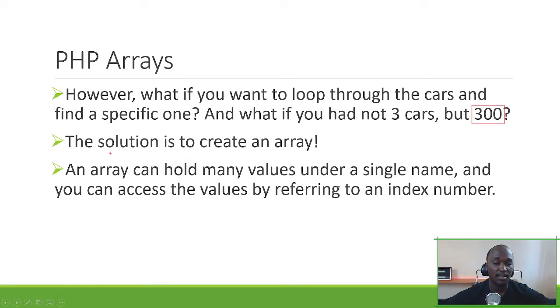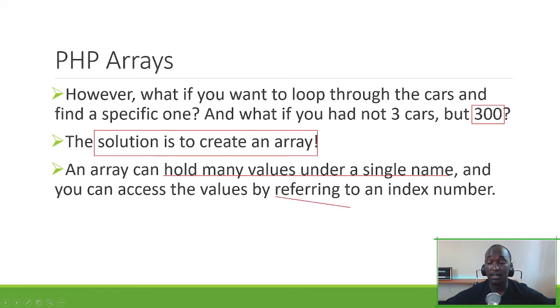It's not efficient. So the solution is to create an array, because an array can hold many values under a single name, and you can access the values by referring to the index number of the array.